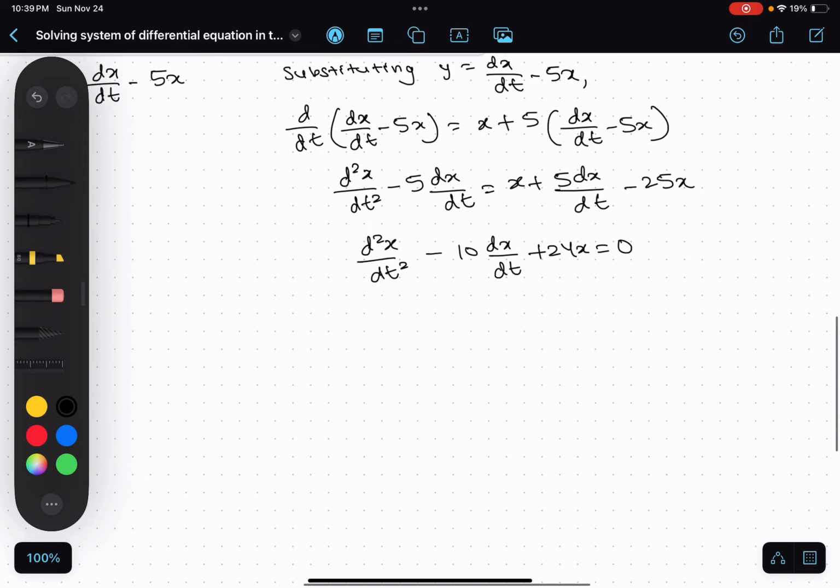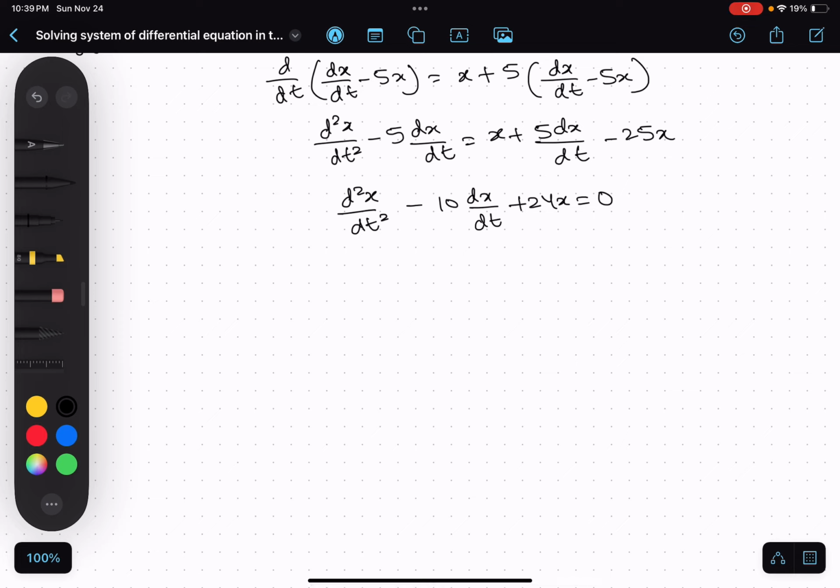Now over here, notice that there is differentiation in the first and second derivative terms.